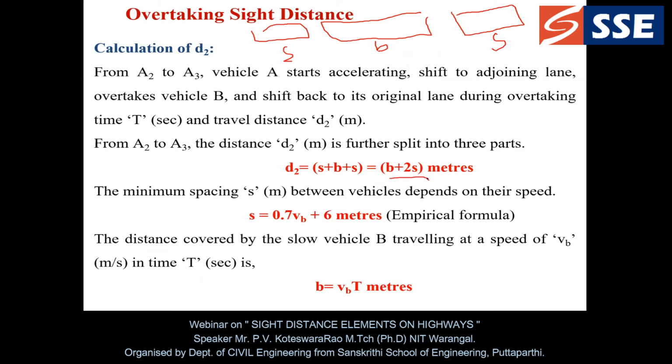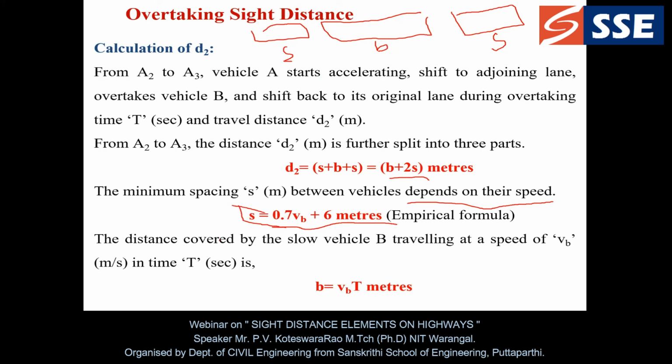So here, the minimum spacing between the vehicles depends on the speed of the vehicle. We can't say that the distance between the vehicles is going to be the same. It may be varying. So the formula for this one is an empirical formula only. So S equals 0.7 VB plus 6 meters. This is the empirical formula to get the S value.